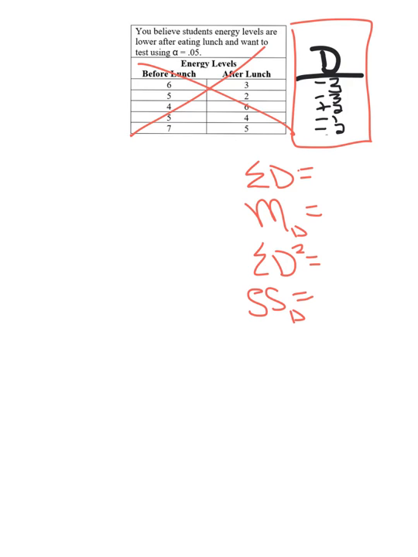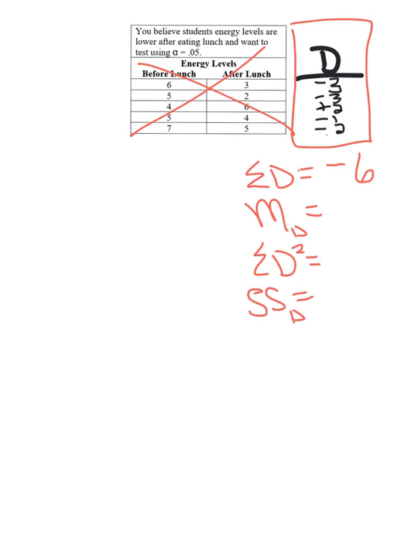If you have a TI-83, you should have that, and you can just keep it consistent. Otherwise, it's just minus 3, minus 3. You have to be very careful about your signs. So once you hit enter, your sum of D should be negative 6.